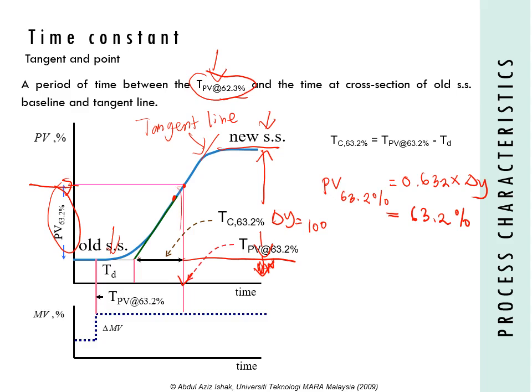After that, you can identify T at PV equal to 63.2%.